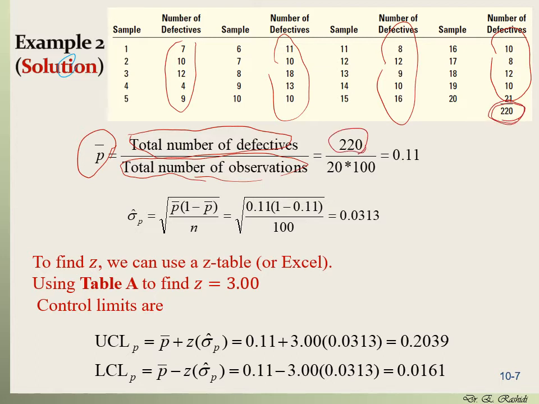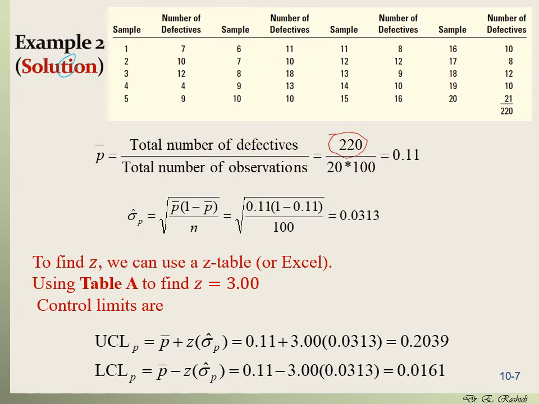So that's 220 divided by the total number of observations. We have 20 samples. Each sample has 100 statements, so that's 220 divided by 20 multiplied by 100, and that's going to be equal to 0.11. So P bar is equal to 0.11.